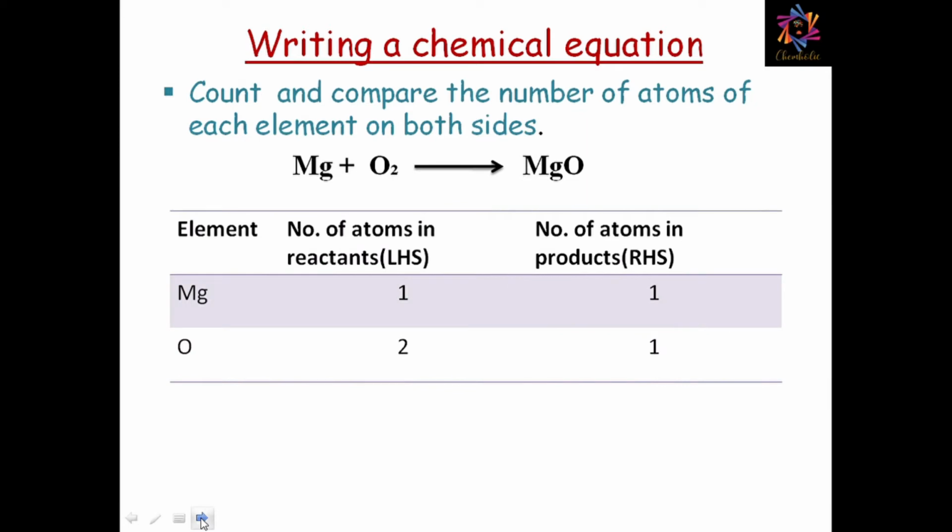So we can make a table where we can write all these things. We have written element, and you see LHS, left hand side, and RHS, right hand side. We have also written all the elements which are involved in the equation. We see only two elements are actually involved in the chemical equation, that is magnesium and oxygen. We have written their symbolic form here.